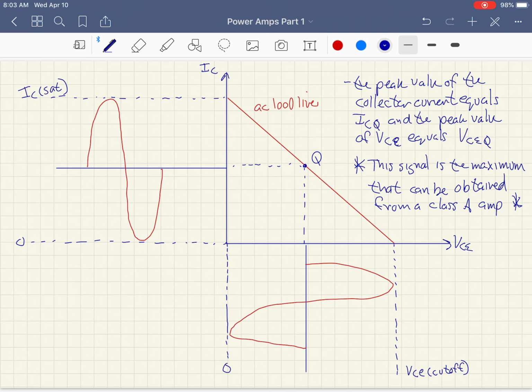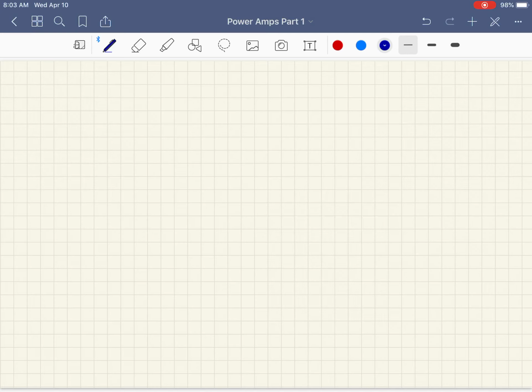amplifier. If the Q point is shifted, let's add another page here. If I shift my Q point, I'm going to draw this one a little smaller. Let's say we've got a characteristic curve here. We've got IC, we've got VCE, we got our load line, let's put it right there.